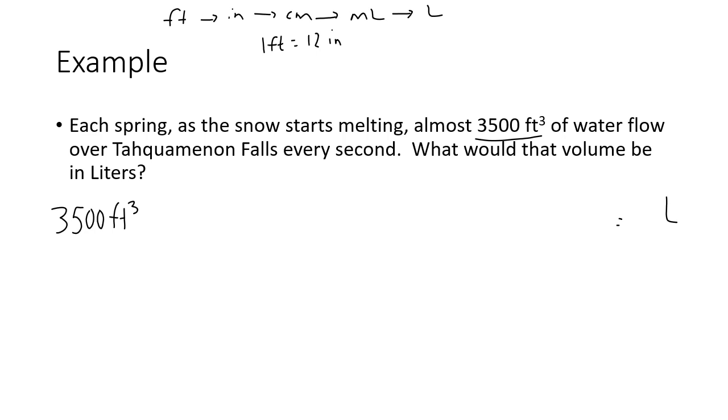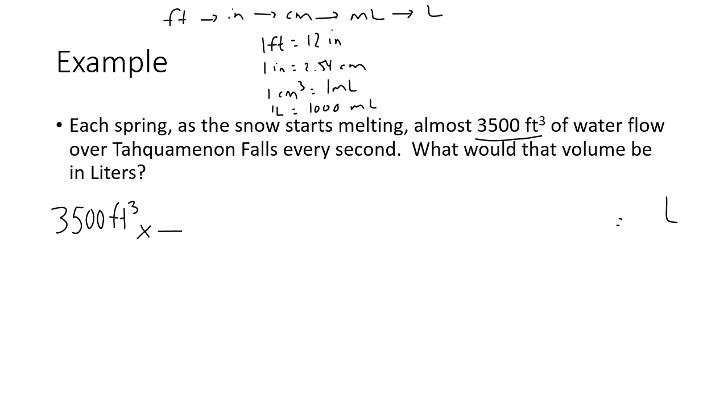In order to convert from inches to centimeters, I could use that 1 inch is equal to 2.54 centimeters. I could use the idea that 1 centimeter cubed equals 1 milliliter. I could also use that 1 liter is equal to 1,000 milliliters to arrive at my final value of liters.